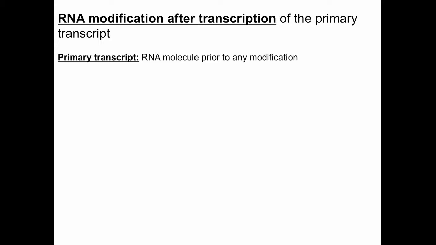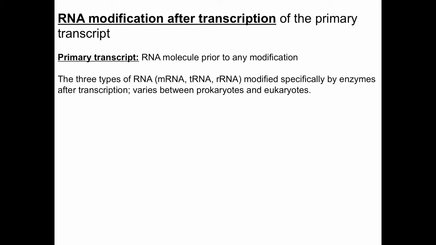The primary transcript is the RNA molecule prior to any modification. There are at least 3 types of RNAs that are modified: mRNAs, tRNAs, and rRNAs. They're modified by specific enzymes, and how they become modified is different between prokaryotes and eukaryotes.